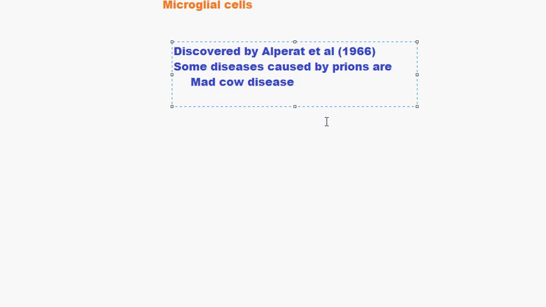There is scrapie, okay, and there are also diseases like Kuru, which are caused in human beings. Kuru is also known as laughing death in women of tribes of New Guinea. So they were first found in the women of tribes of New Guinea. Just for your information, I mentioned that. So there are some diseases, and that was about the prion proteins.